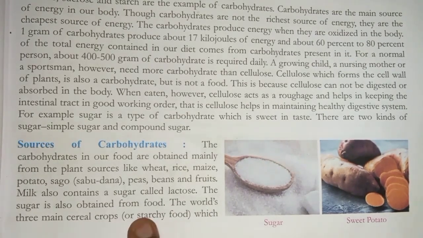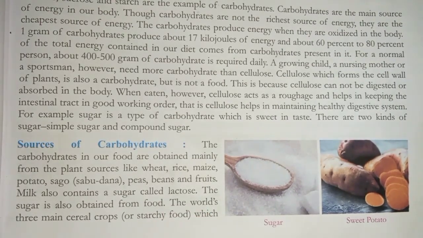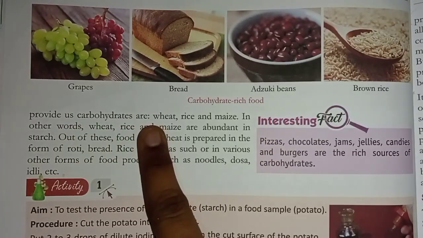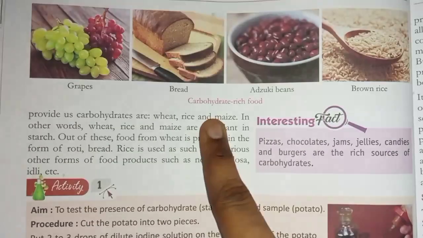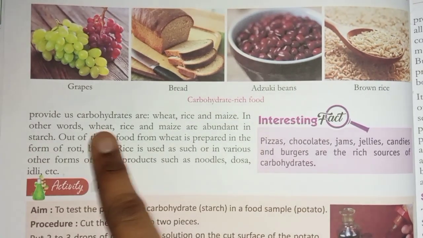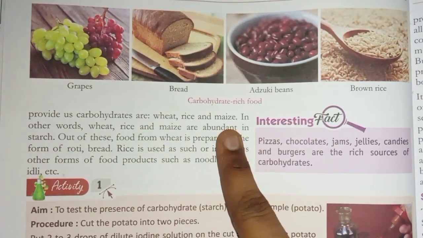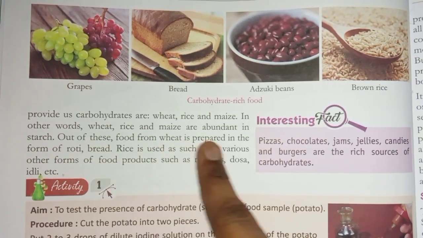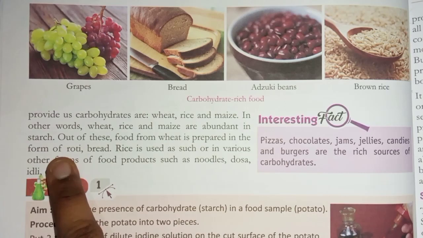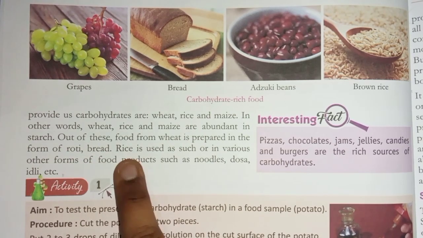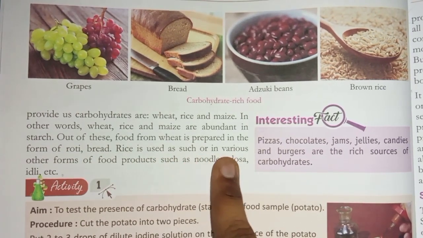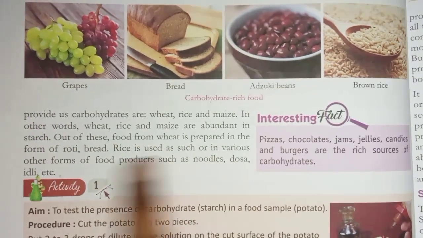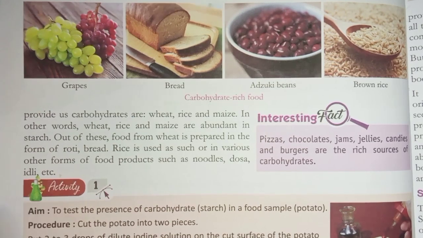The world's three main cereal crops or starchy foods which provide us carbohydrate are wheat, rice and maize. In other words, wheat, rice and maize are abundant in starch. Food from wheat is prepared in the form of roti and bread. Rice is used as such or in various other forms of food products such as noodles, dosa, idli, etc.